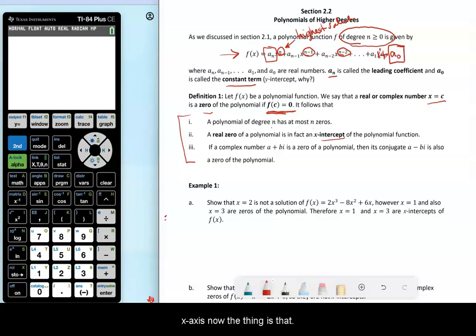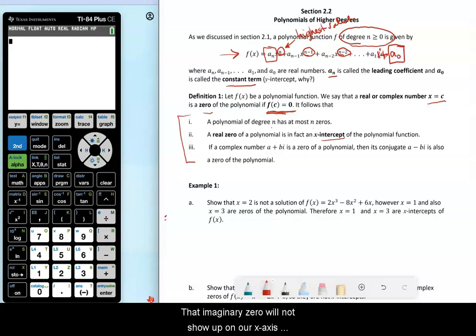Now the thing is that you can have real zeros and you can have complex zeros. So you might have a 0 of x equals 2 where it hits the x-axis, and you may have another 0 of x equals 2i, the imaginary 0, the complex 0.